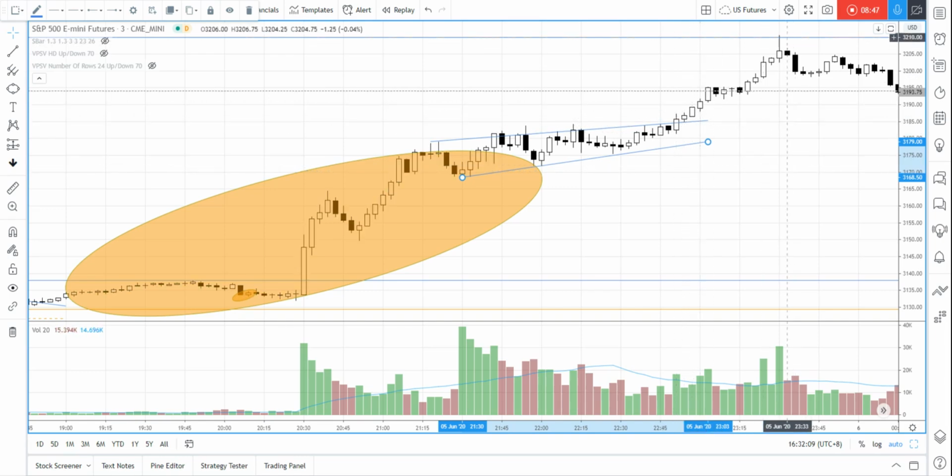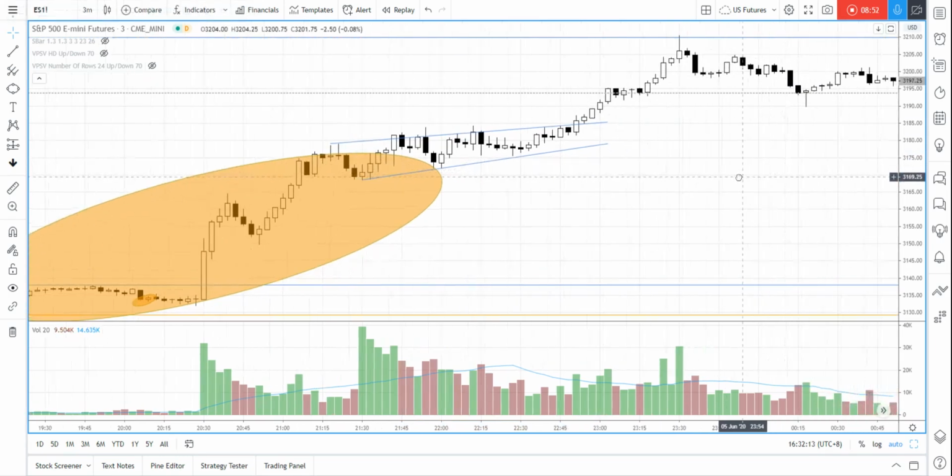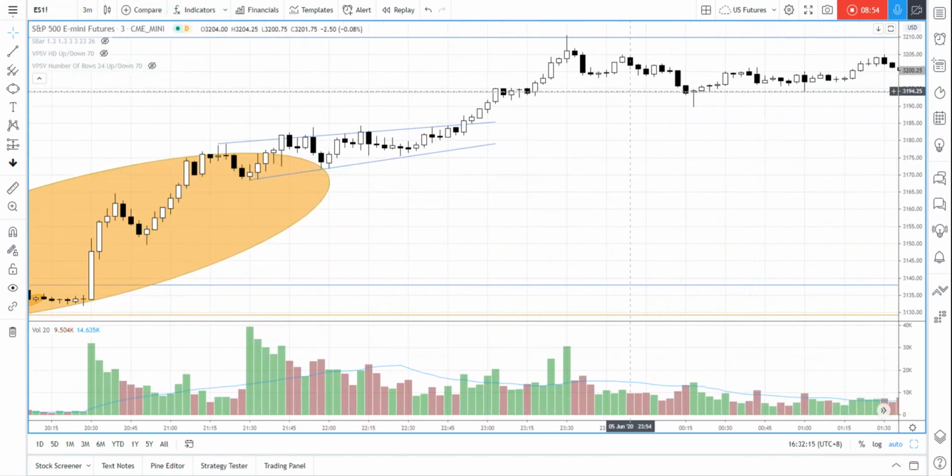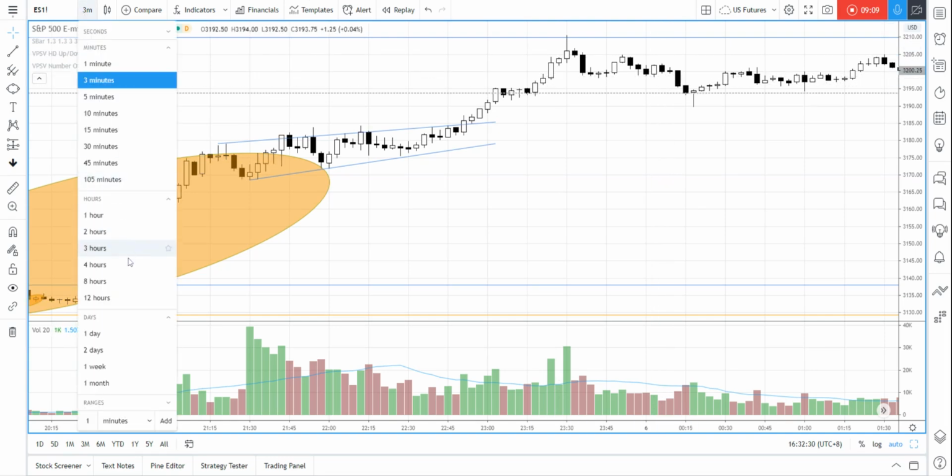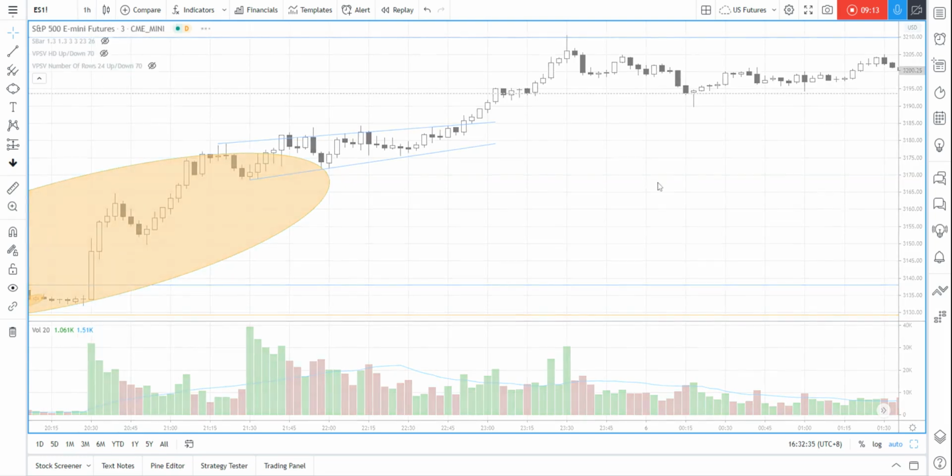And it actually just tested this resistance level at 3210. Subsequently, you can see that there was a reaction, a pullback happened. So definitely, I think the S&P 500 has respected this level so far. 3210 is still a good level, but I think we should see higher targets, which I will show you later on.